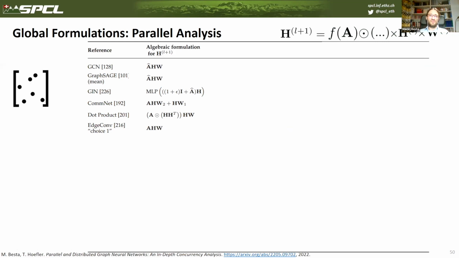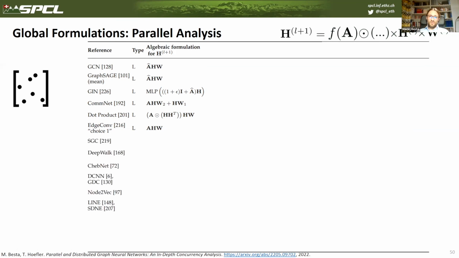What is important is that all these models use the first power of the adjacency matrix in their expressions. So we have the adjacency matrix in the first power somewhere in these formulations. This is why we call these models linear models, because they use the linear form of the adjacency matrix.